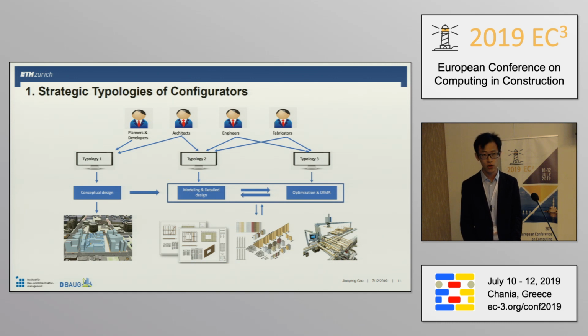So our first finding is the strategic typology of configurators. How is it implemented in the project? Typology 1 represents configurators in the conceptual planning stage. The main users include the planners, developers, and architects.